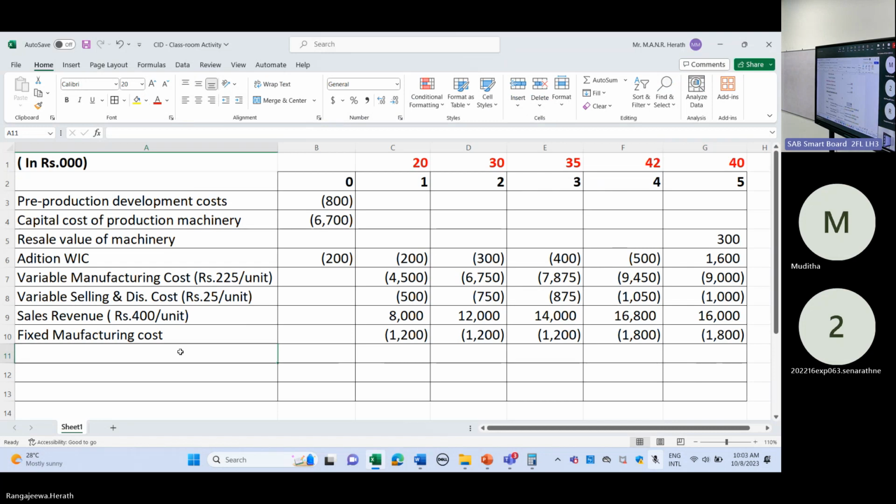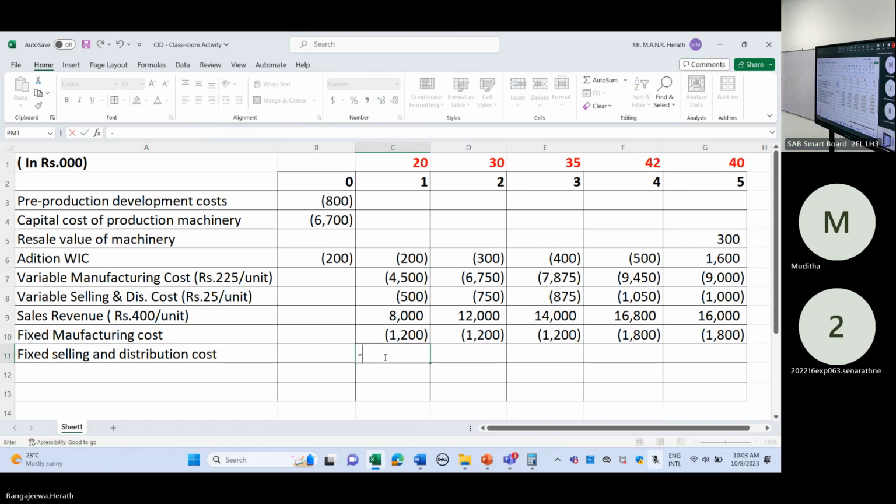First year 20,000 units, 300. Second year 30,000 units, 300. Third year 35, which exceeds 33, so it becomes 400. Fourth year 42 and fifth year 40 exceed 38, so fixed selling and distribution is 500 for the last two years.